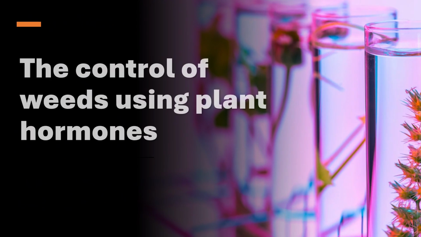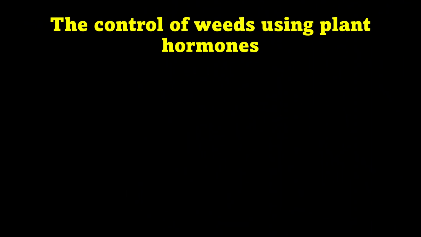Now, we will move on to the control of weeds using plant hormones. We normally control weeds in our backyard garden or on our farms using weedicides. Most of the time, these weedicides are toxic to the environment. And so there is an environmentally friendly, safe way of controlling weeds in our gardens and farms without damaging the environment. So let's look at the control of weeds.